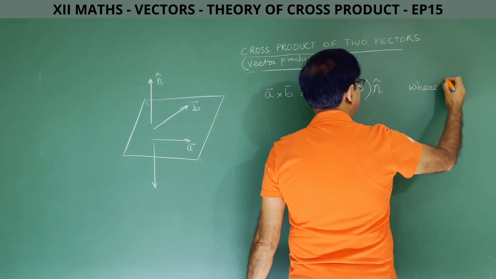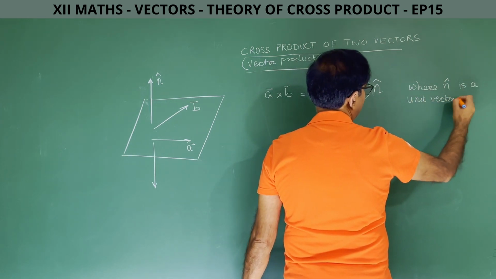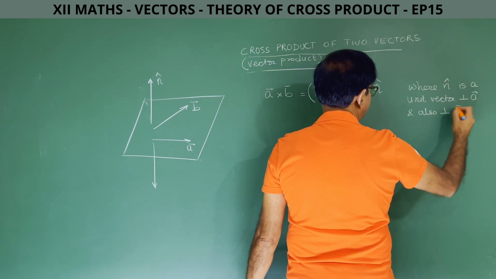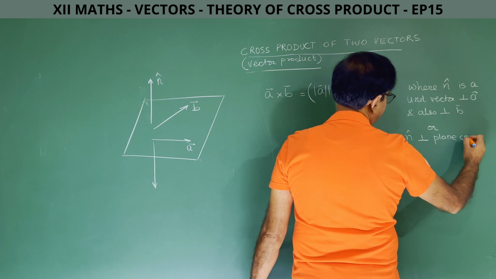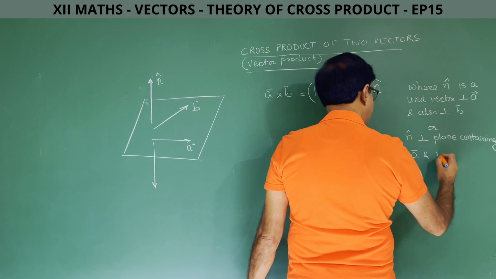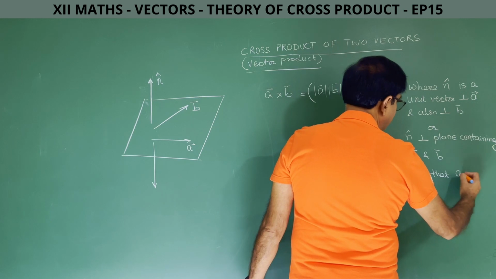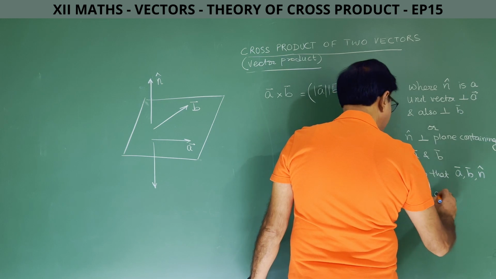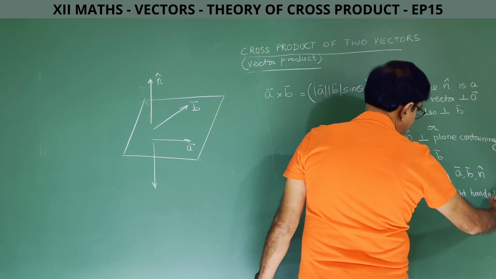I have already defined to you what n cap is, where I can write it again for you, where n cap is a unit vector perpendicular to vector A and also perpendicular to vector B, or n cap is perpendicular to the plane containing vector A and vector B. There is one more thing, such that vectors A, B and n cap form a right-handed system.